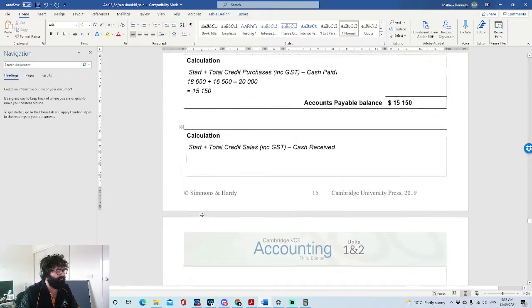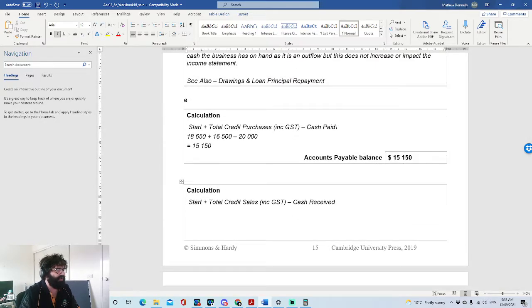Alright. Time for our cash received at start. So it's the exact same, where we go 40,500 plus total credit sales minus, and I'm only going to do this cash received because I see it right now, 36,000. I just need to get the total credit sales up, which was 40,000 plus GST, but it's 44,000, guys.